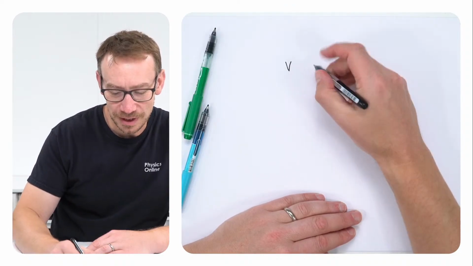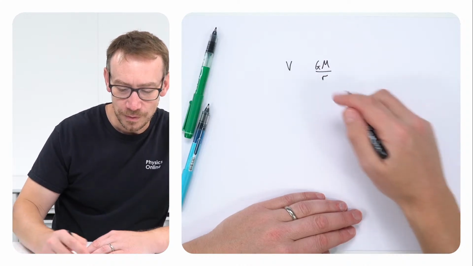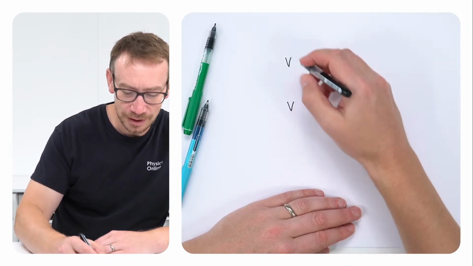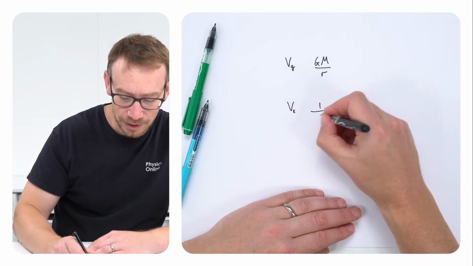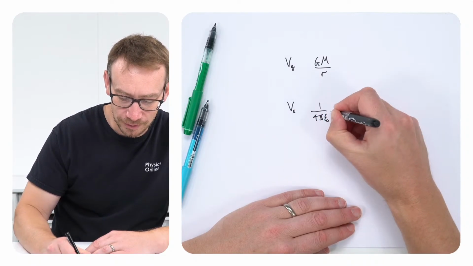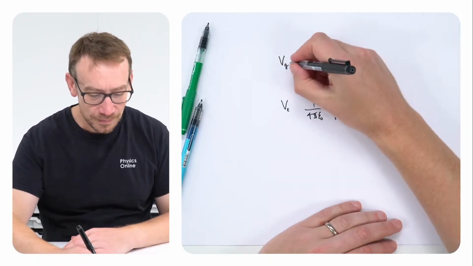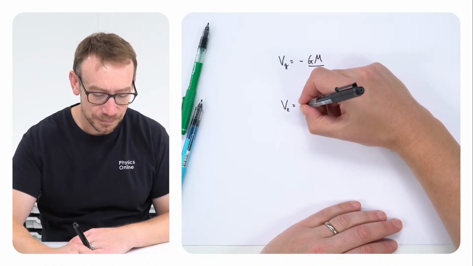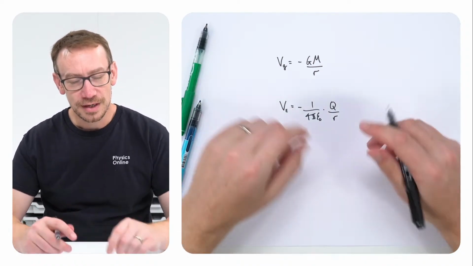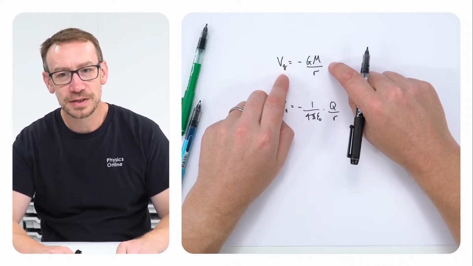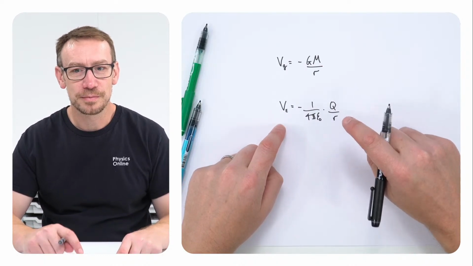So gravitational potential is going to be equal to Gm over R, whereas the electric potential is 1 over 4 pi epsilon naught Q over R. Both of these have a negative sign, so the potential is going to be a negative value, and this is the gravitational potential per unit mass or the electric potential per unit charge.